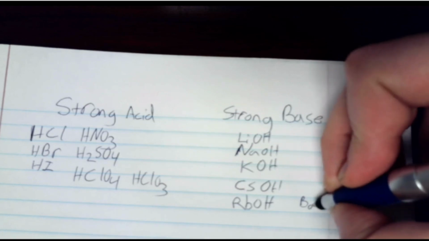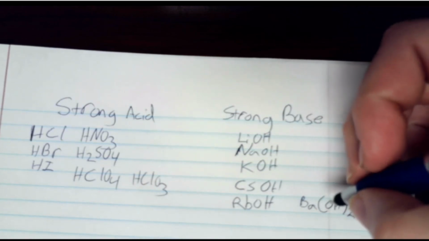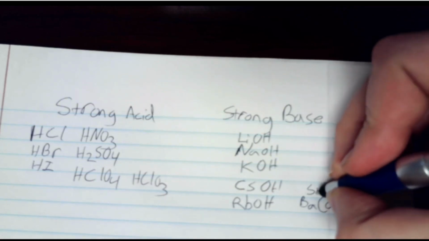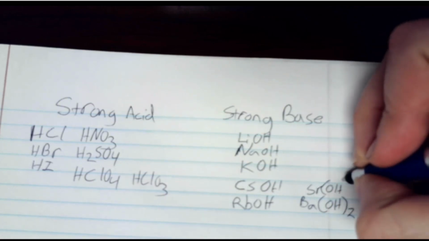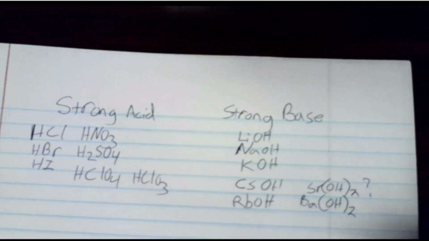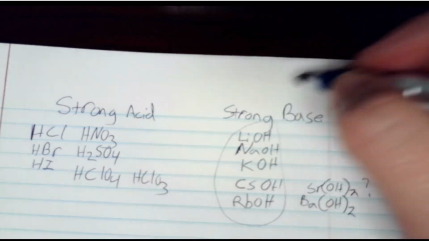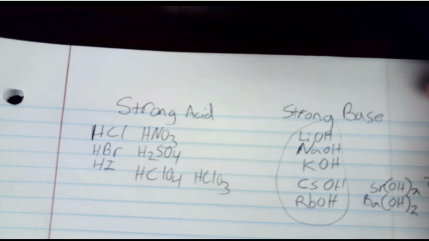So barium hydroxide is one of the main ones. Maybe strontium hydroxide. That's depending on the solubility. But then we start to lose the strength. But these are the main ones. If it contains these guys, it's definitely strong. Just about everything else is weak.